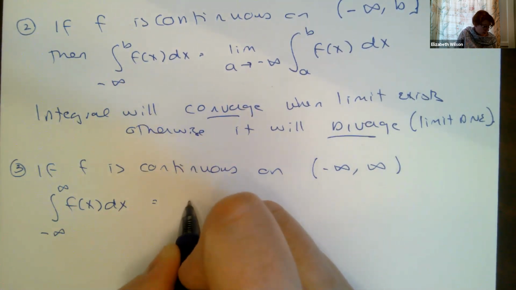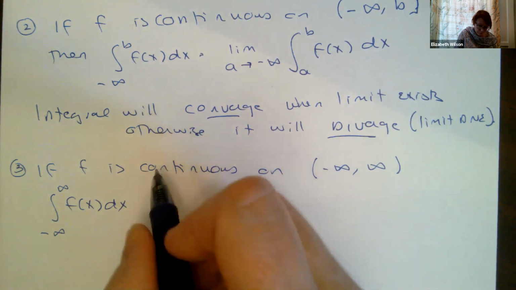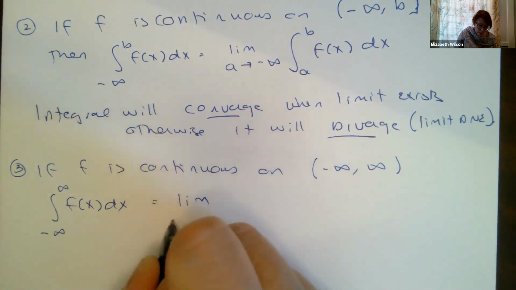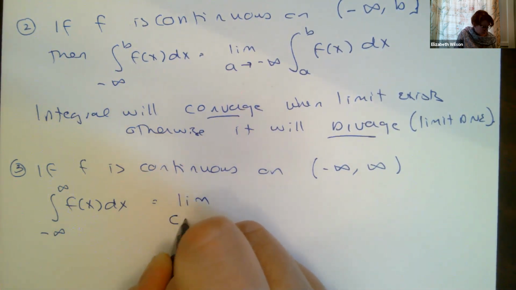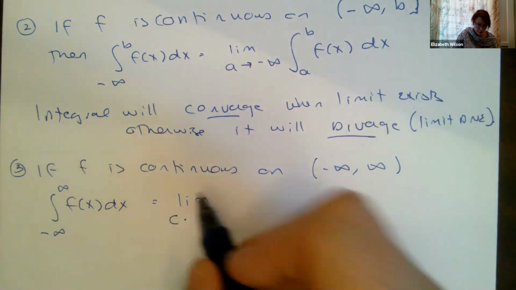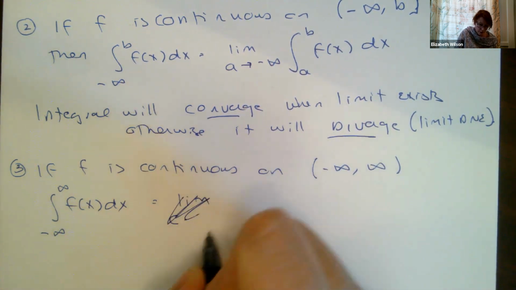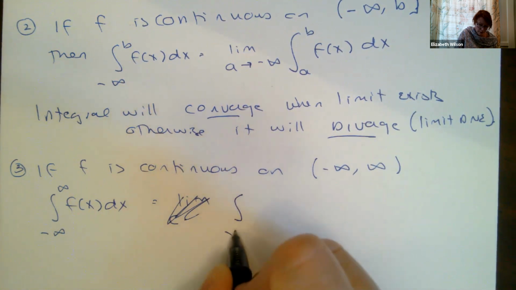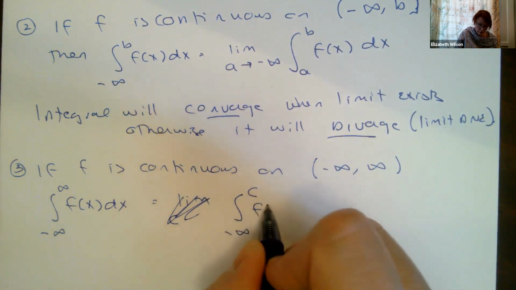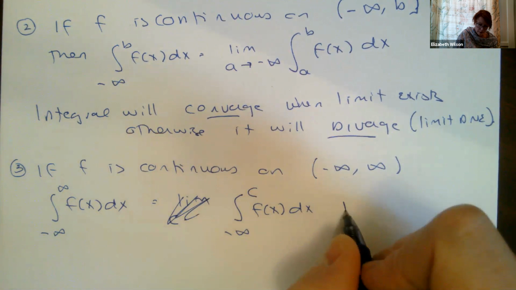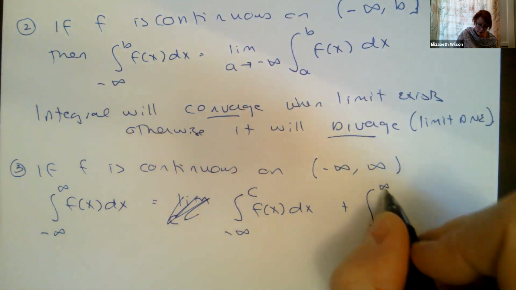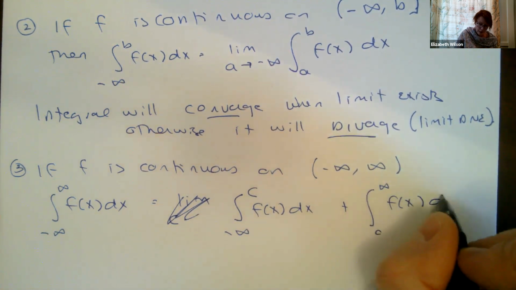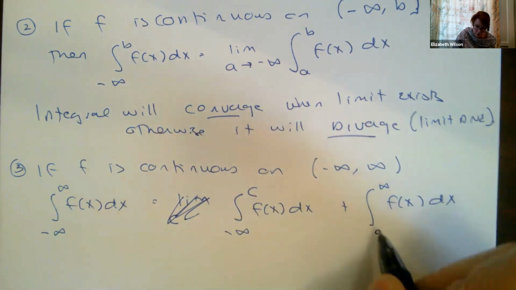So watch what happens. First, let's break this up. So this is going to equal the integral from minus infinity to c of f of x dx plus the integral from c to positive infinity of f of x dx.